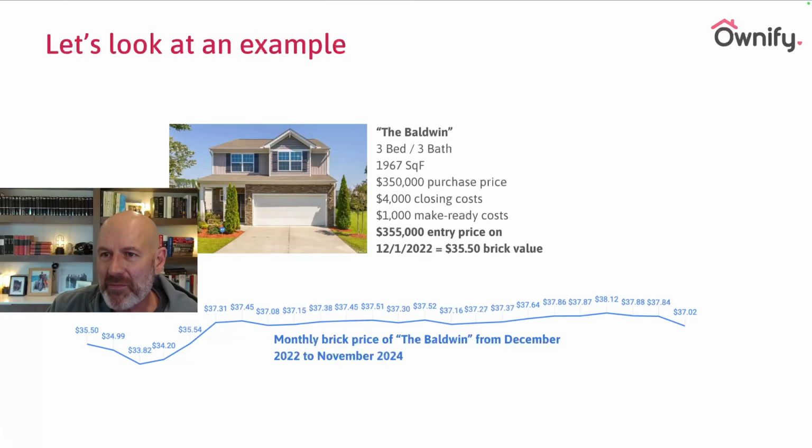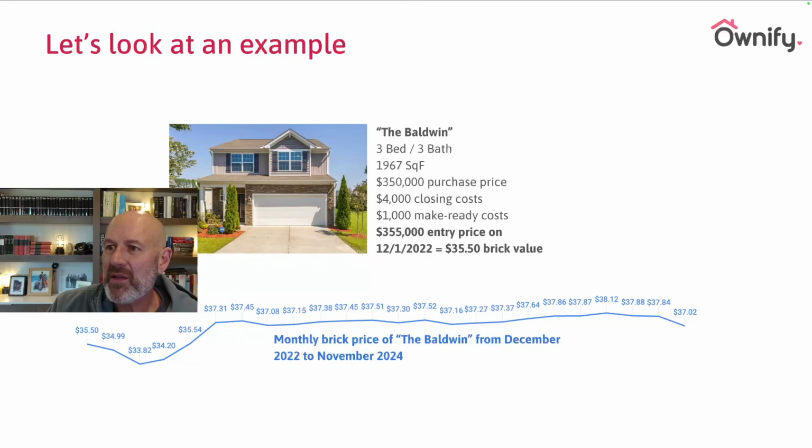So what happened is we started out at $35.50, which is that 355 divided by 10,000. And then a month later, the value of the home fell a little bit. So we sold bricks at $34.99, and the customers bought bricks at $34.99. And then it fell a little more to $33.82, kind of came back up at $34.20, and so on and so forth.